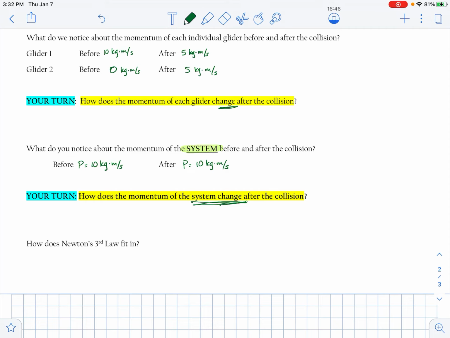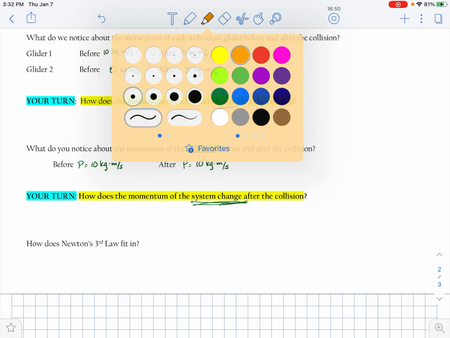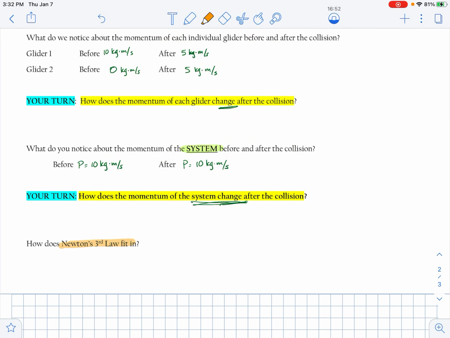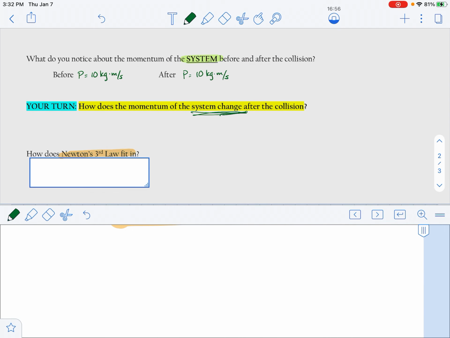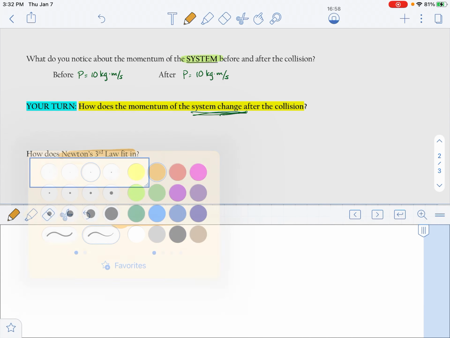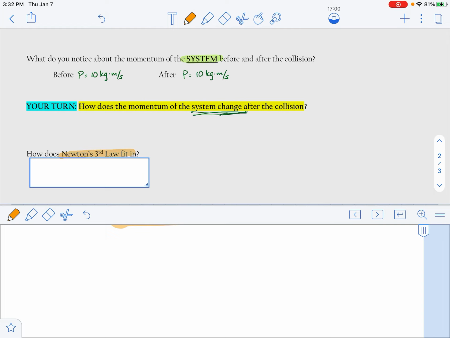Okay, last thing then. How does Newton's law work in all of this? So remember up at the top, we said that Newton's third law is all about equal and opposite forces.